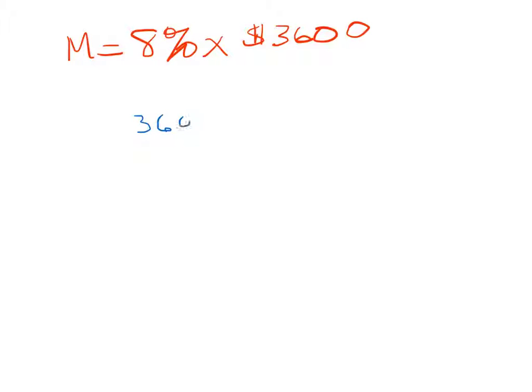So how much money is 8% of 3,600? Now again, there's two different ways we could do this. We could do it as a fraction and as a decimal. I prefer the decimal way. 3,600 times 0.08. 8 times 0 is 0. 8 times 0 is 0. 8 times 6 is 48. 8 times 3 is 24, plus 4 is 28.